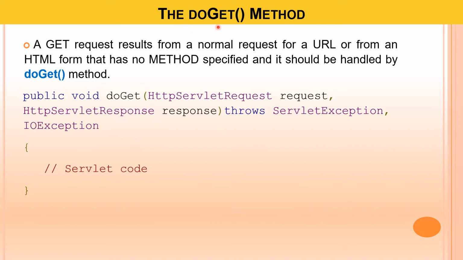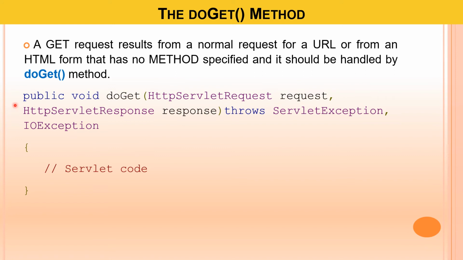The first is the doGet method. We know about GET and POST. The GET request results from a normal request for a URL or from an HTML form that has no method specified, and it should be handled by the doGet method.